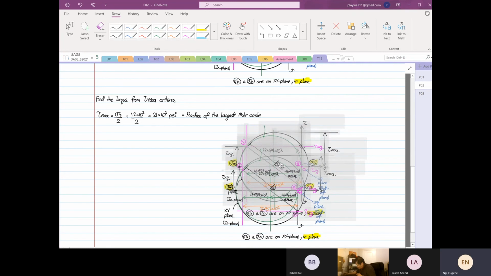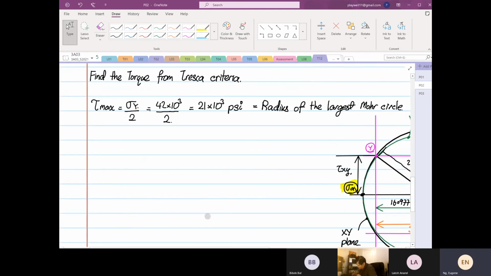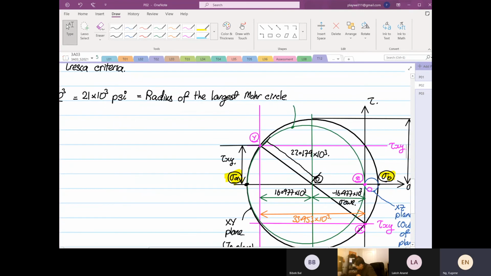When you apply Tresca, this value over here, I'm going to swipe it out. It's no more 22.1. It becomes 21 times 10 to the power 3, right? The stress average is still the same.